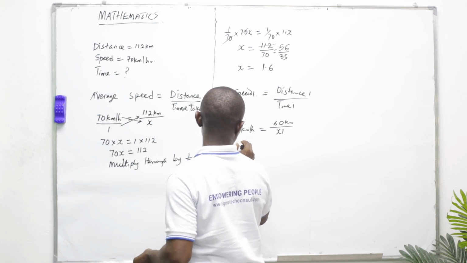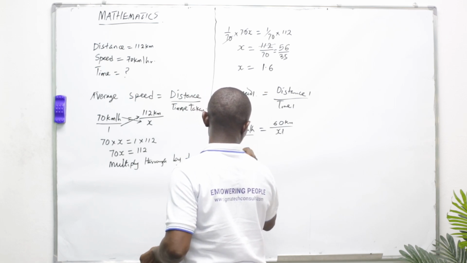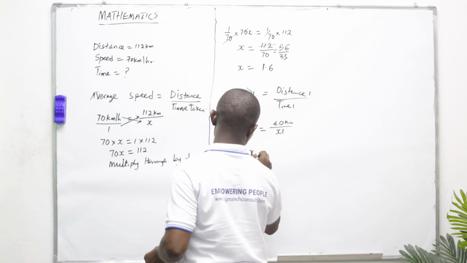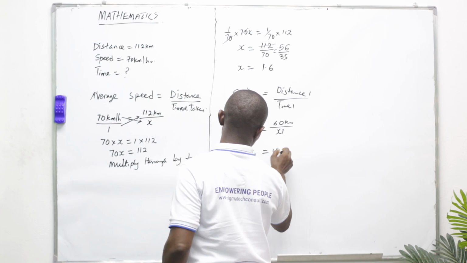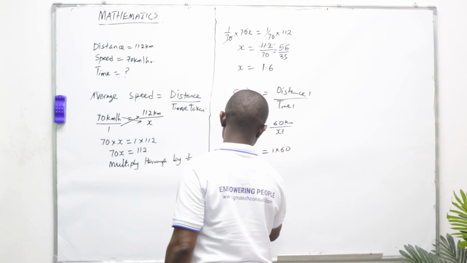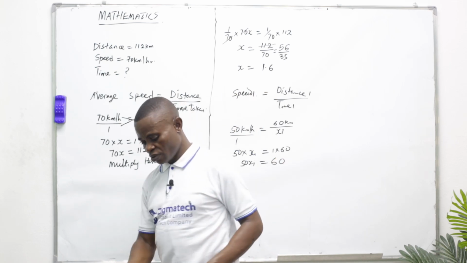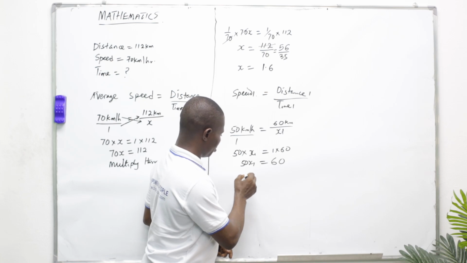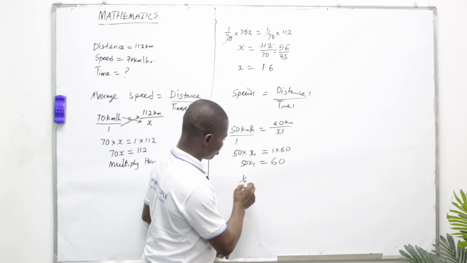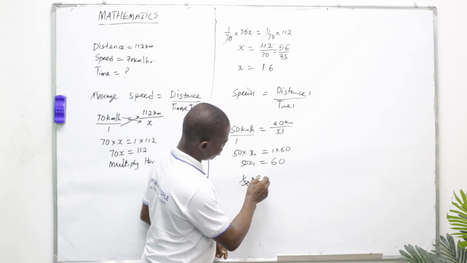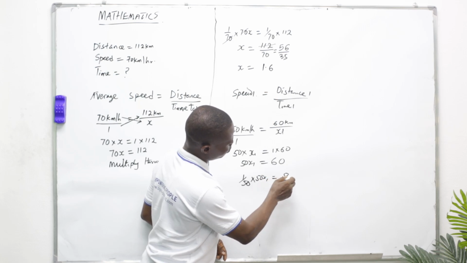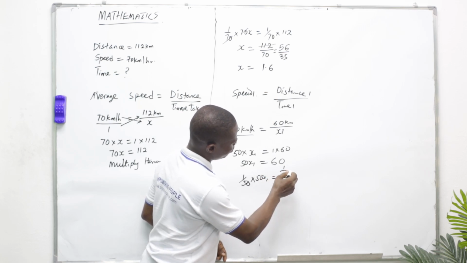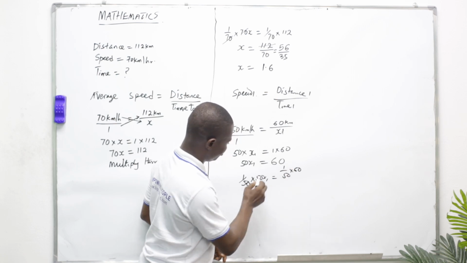So over 1, 50 multiplied by x1 equals 1 multiplied by 60. 50x1 equals 60. Multiply by the multiplicative inverse of 50x1, we're going to have 1 over 50 times 60.